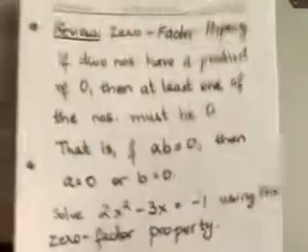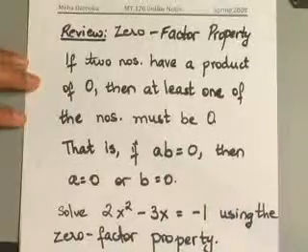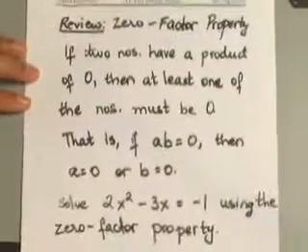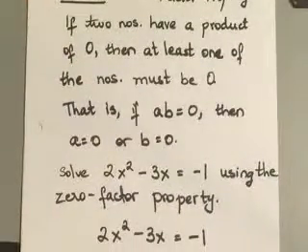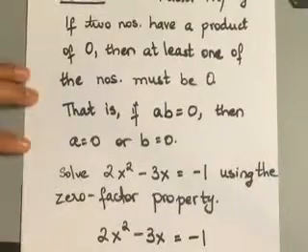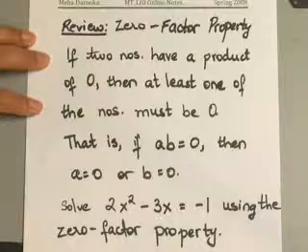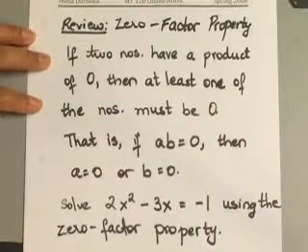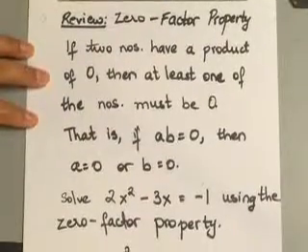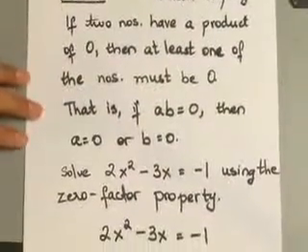So to do that, we need to review what we call the zero factor property. So what exactly is the zero factor property? Now, I'm sure you have used this many times, but let's just go ahead and review it so we know what exactly we're talking about here. The zero factor property says if you have two numbers that have a product of 0, then at least one of the numbers must be 0.